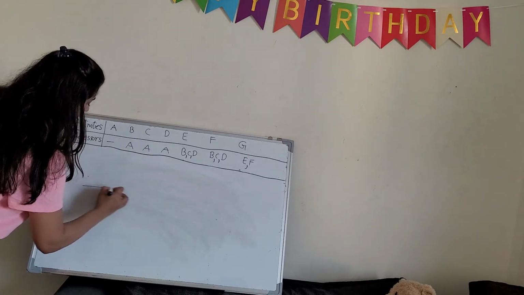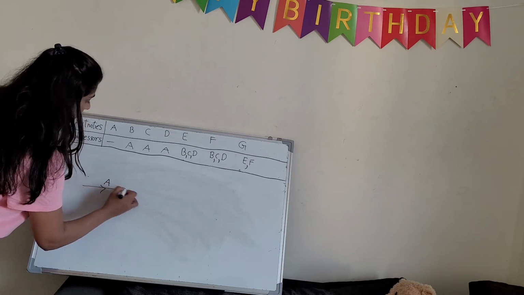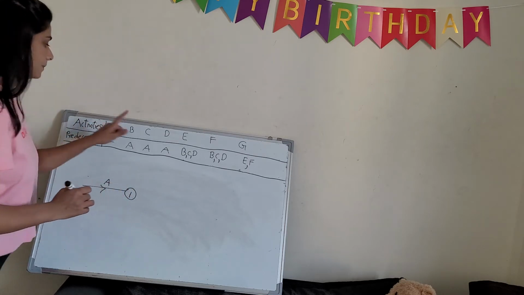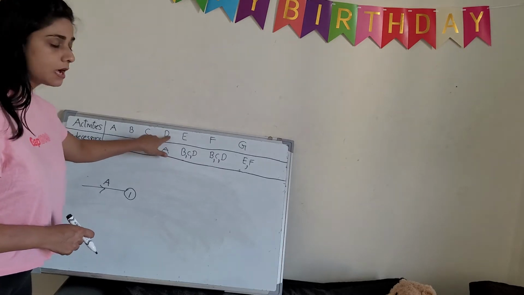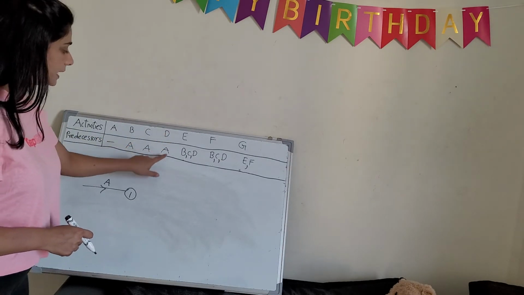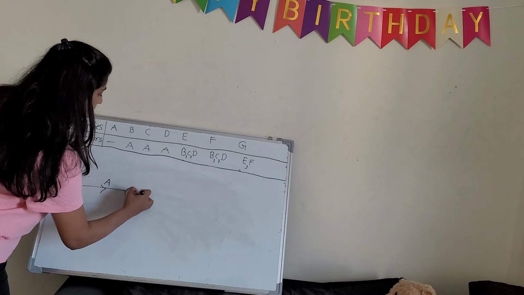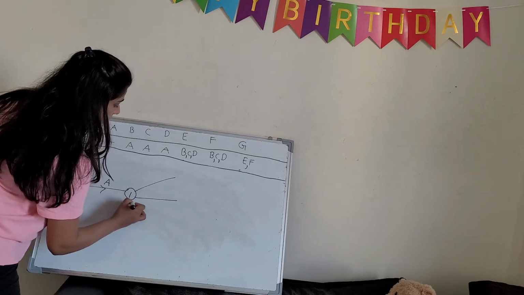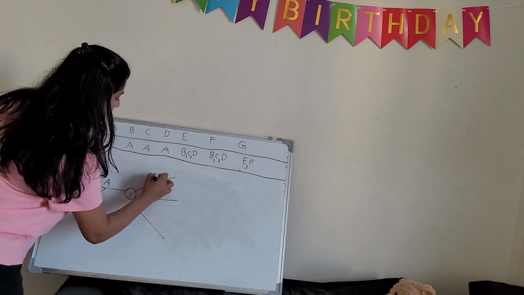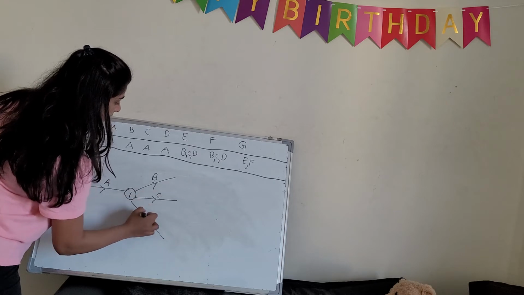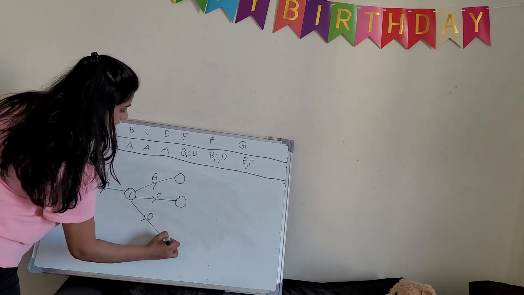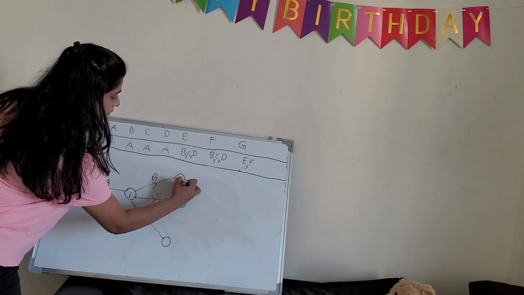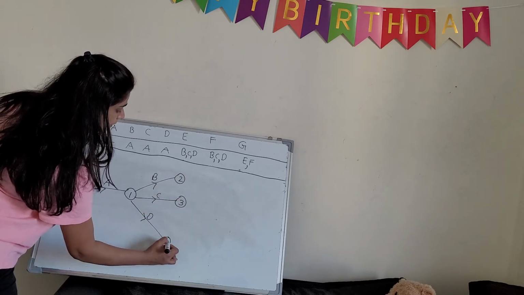So we will take A as the first activity, and B, C and D will start after completion of A activity. So we will start B, C and D, and we will put the names 2, 3 and 4.